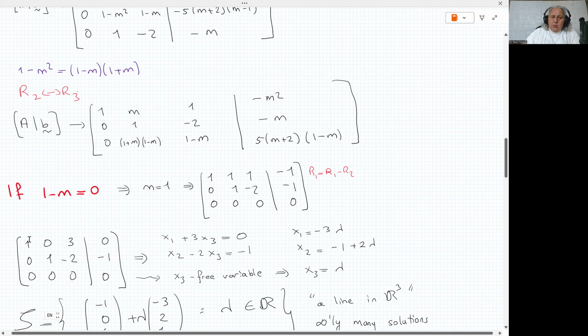From the first row, we have x1 plus 3x3 is equal to 0. From the second row, we have x2 minus 2x3 is equal to minus 1. Let's say x3 is equal to lambda, and then x1 will be minus 3 lambda, x2 will be minus 1 plus 2 lambda. So x1, x2, x3 is the unknown vector.